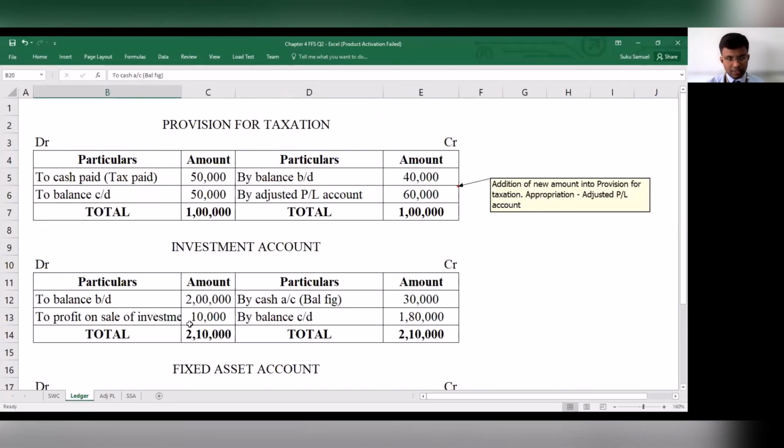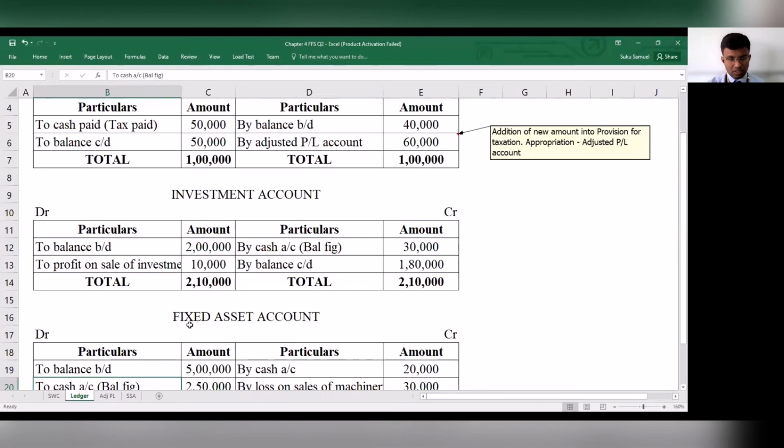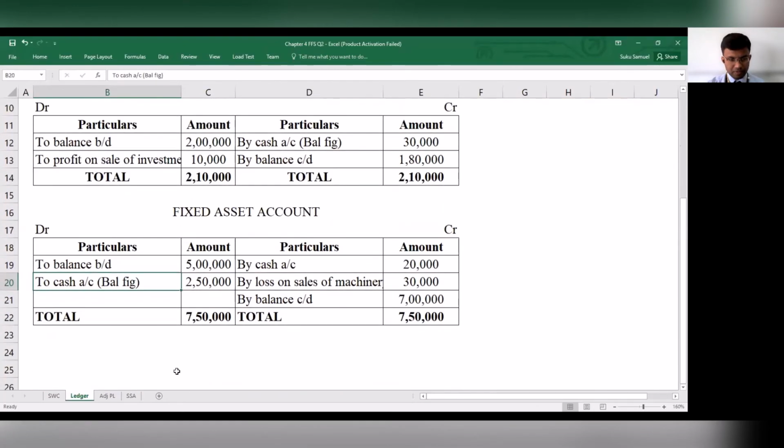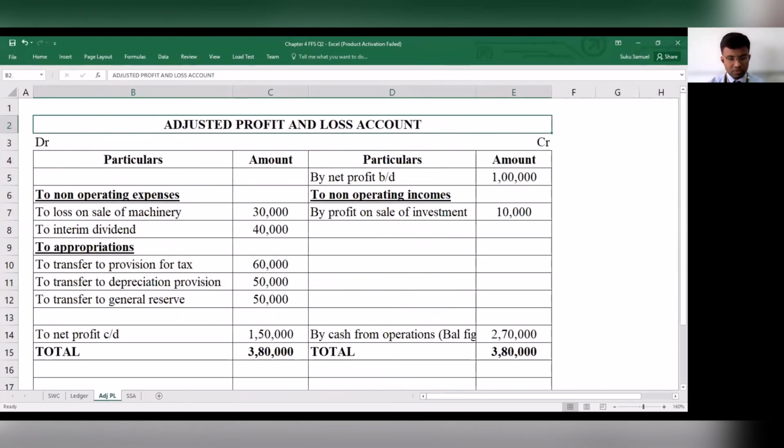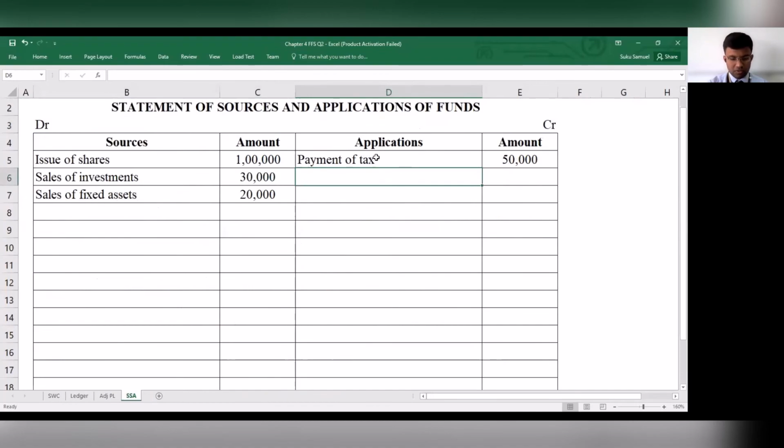Next, what else do we have to consider? The purchase of fixed assets, and you have purchased fixed assets worth 2,50,000.